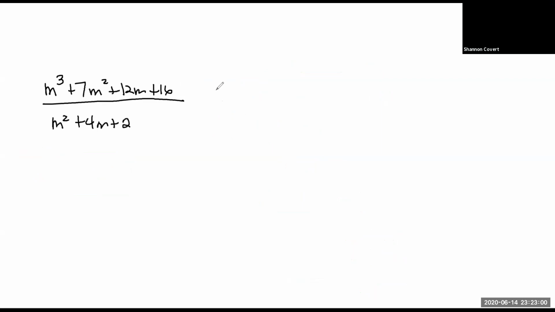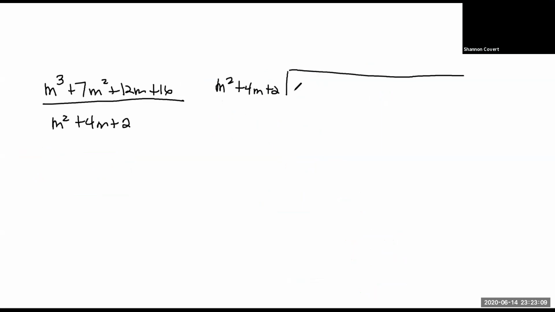Let's do this problem. M cubed plus 7m squared plus 12m plus 16 over m squared plus 4m plus 2. So the m squared plus 4m plus 2 goes on the outside.